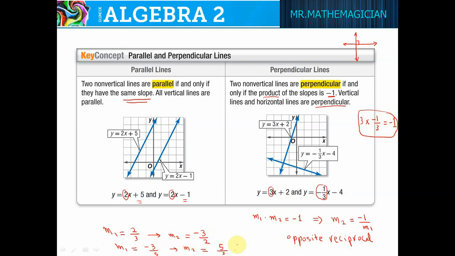Just make the opposite reciprocal and you will get the other slope in the case of perpendicular. So in the case of parallel, they are exactly the same. If this one is 2, this one is 2. In the case of perpendicular, the other one will be flipped and we change the sign.